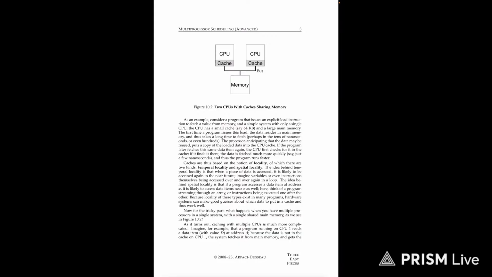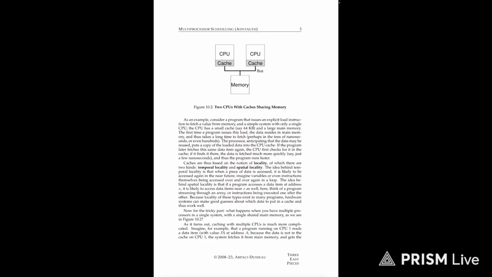We can see here that there are two kinds of locality. The first is temporal locality and the second is spatial locality. The idea behind temporal locality is that when a piece of data is accessed, it is likely to be accessed again in the near future.